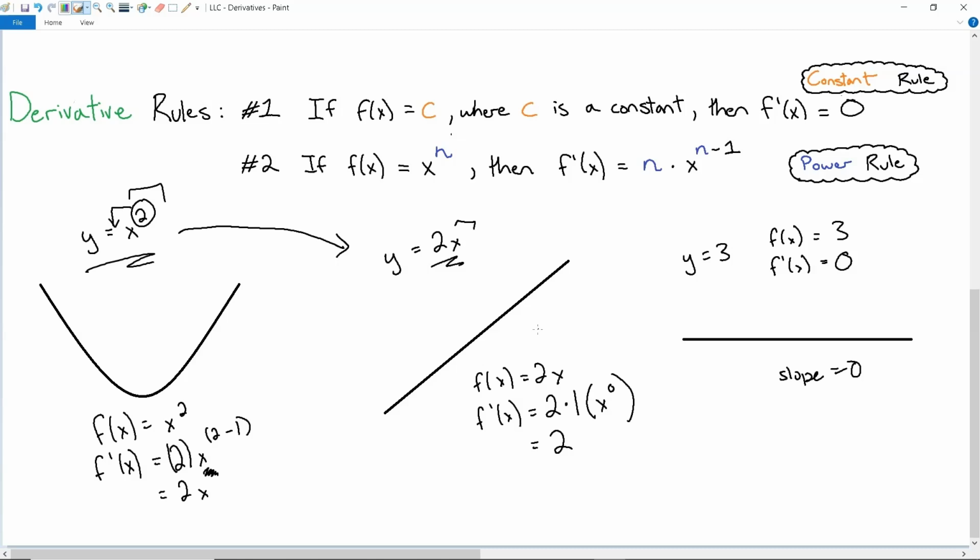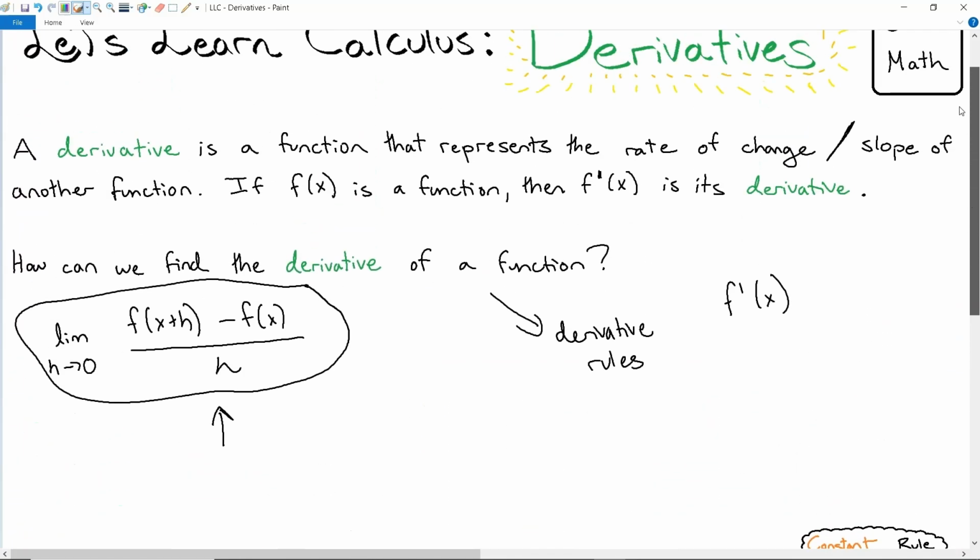Which makes sense, as a straight line in this case will have a constant slope. So if you can put together these two derivative rules, there's actually quite a lot you can do with polynomials.